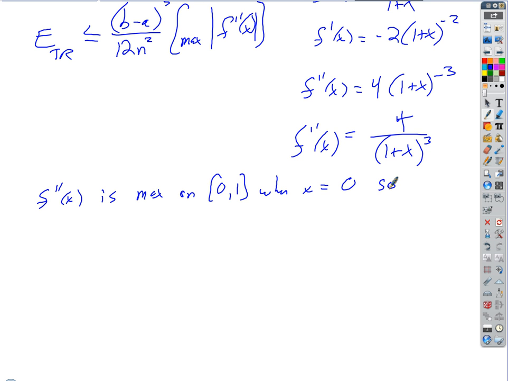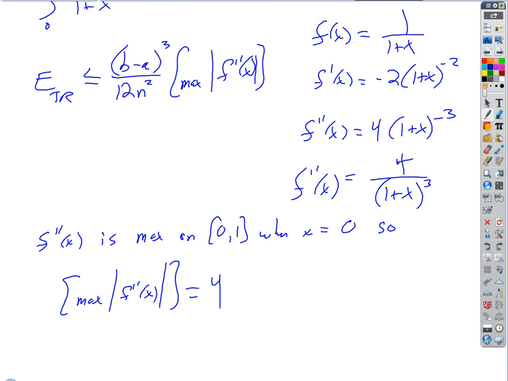So what's that equal to then? 4, right? Okay, everybody agree? Okay. So then all we've got to do now is just some algebra, right?